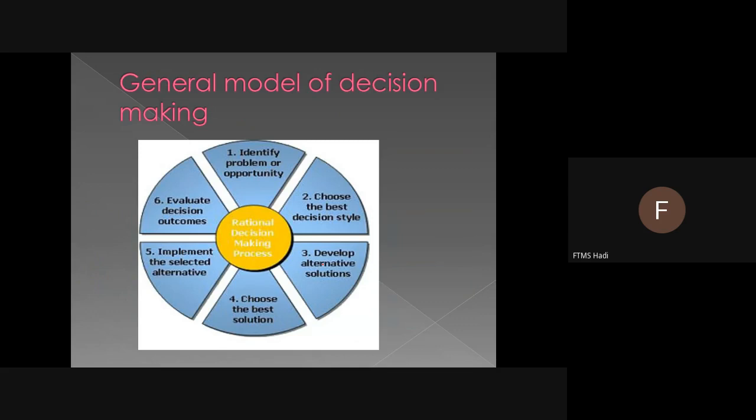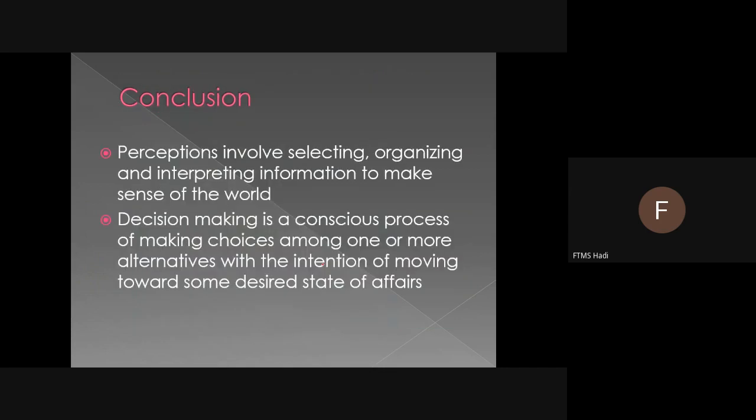Okay, this is for your self-reading, the general model of decision making. Actually, this one is in a later chapter, decision making, but I just purposely put it here for your extra reading first. And then these are the conclusions. Perception: remember, the two things that you need to understand about perception are your judgment and your impression. It can be bad judgment, bad impression, or very good impression.